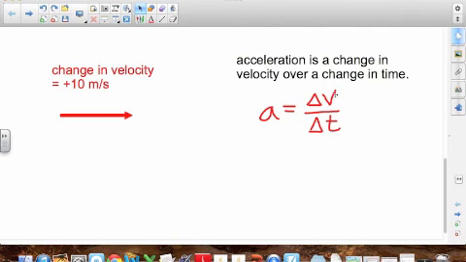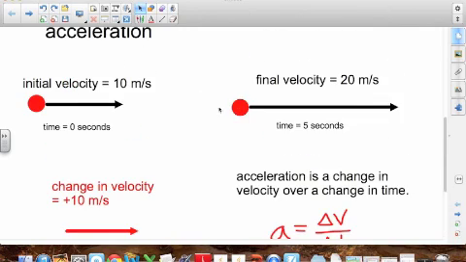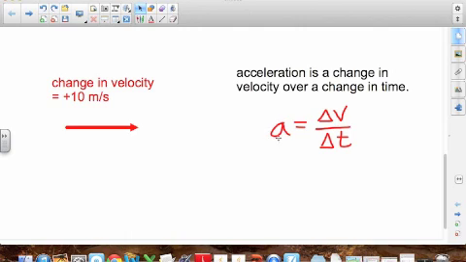Now, because change in velocity can also be represented by a vector, just like velocity can, that means that acceleration can also be represented by a vector, by an arrow.